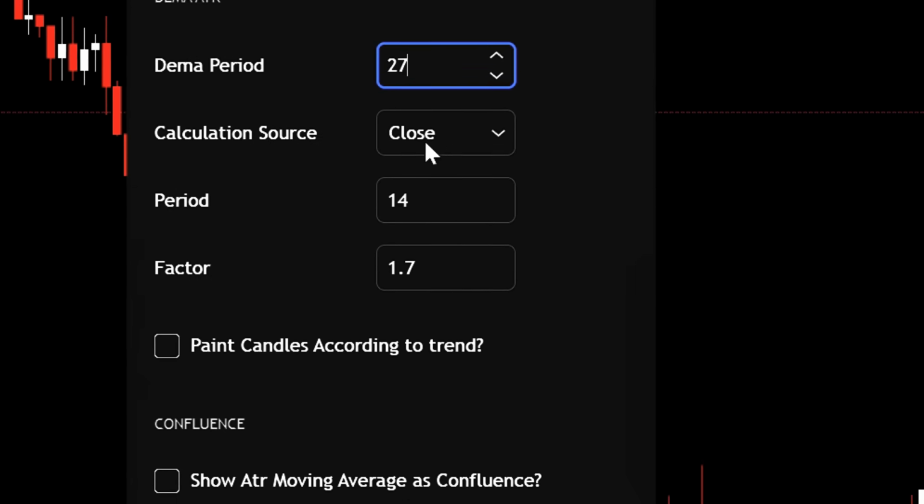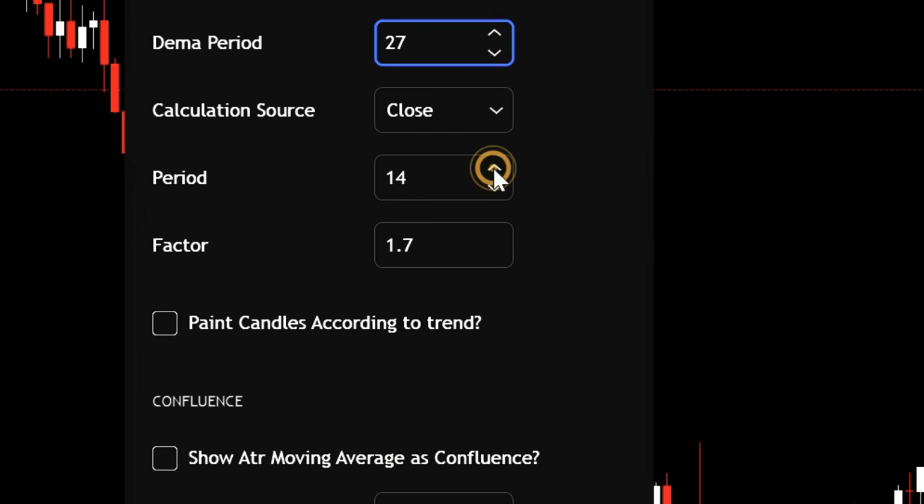I find 27 gives a pretty good balance. Next, we've got to click Paint Candles. This is awesome because it colors your price candles for you, making it way easier to see what's happening at a glance.